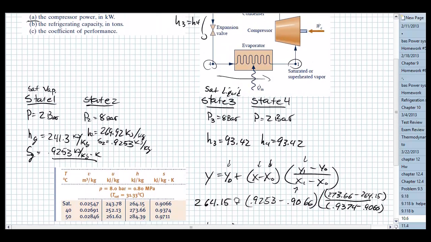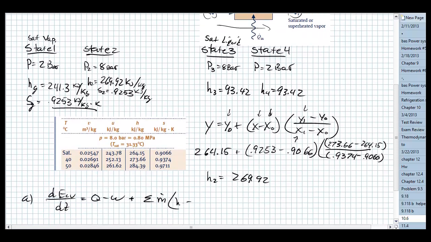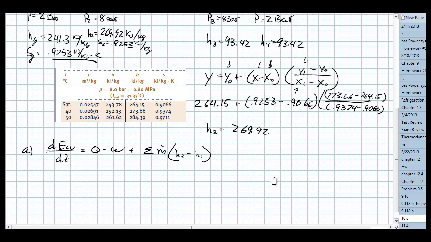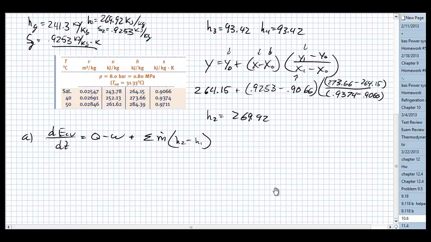It's H2 minus H1, and this is for the work input of the compressor. So rearranging and getting rid of things that are equal to 0 or that don't apply, we get the work of the compressor as m dot times H2 minus H1.